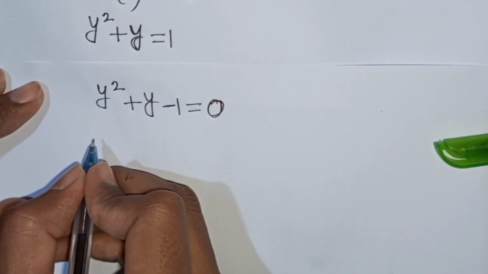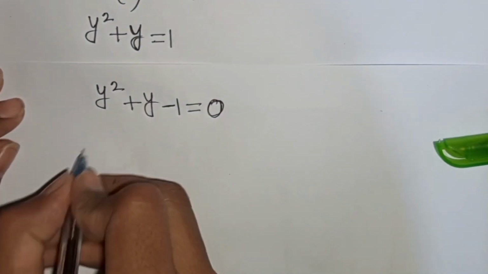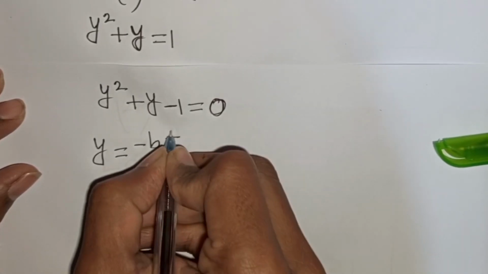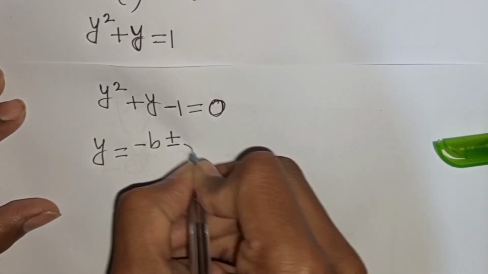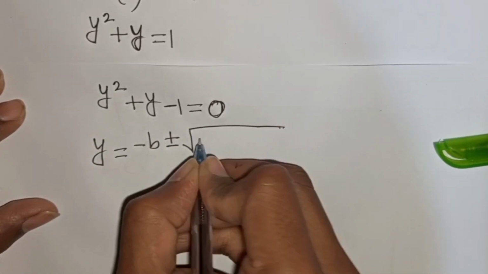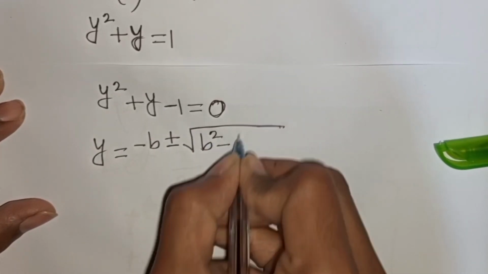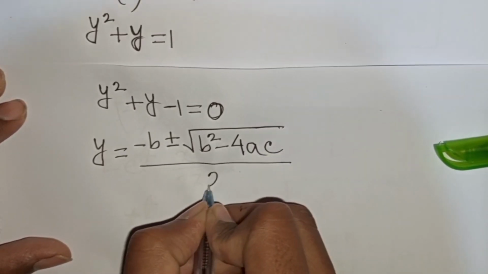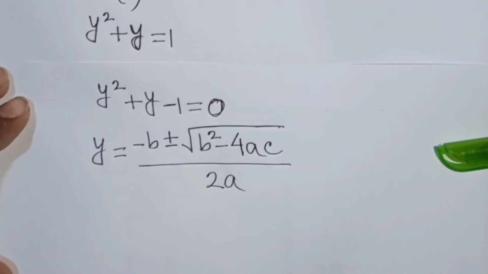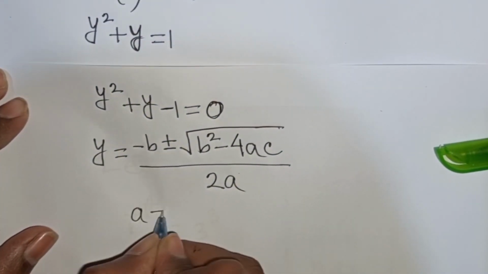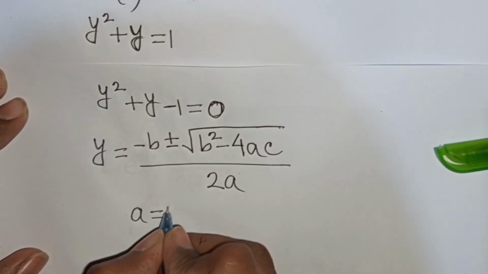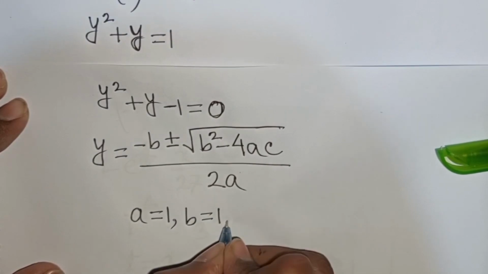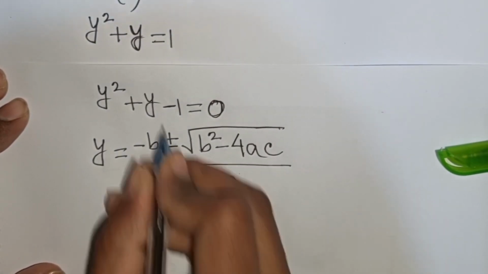Now here you can apply the quadratic formula. So you can write y is equal to minus b plus or minus square root of b square minus 4ac, divided by 2a. Here a will be equal to 1, b will be equal to 1, after that c will be equal to minus 1.